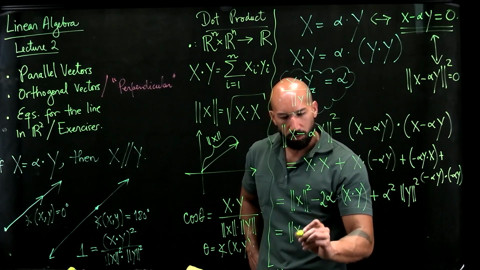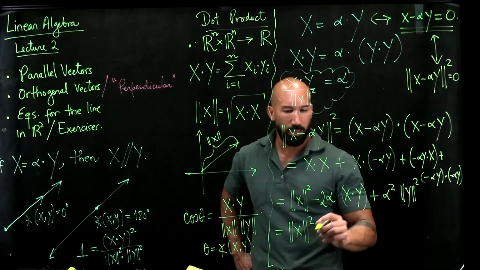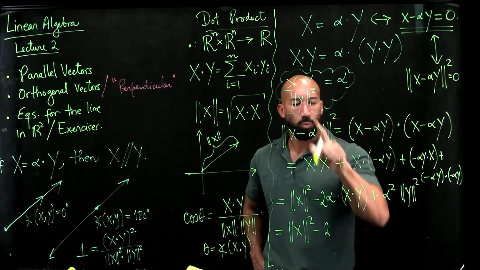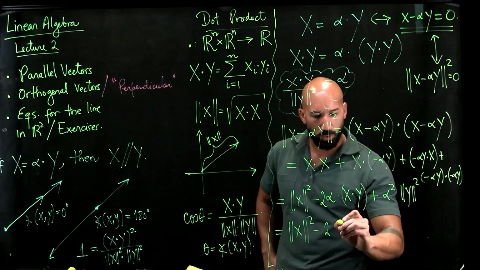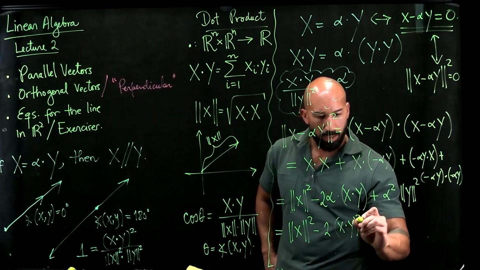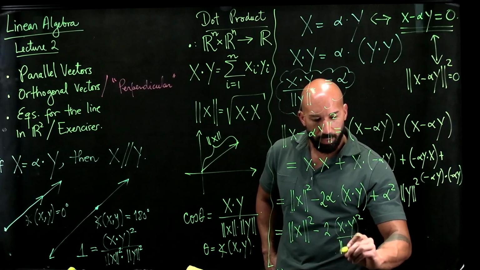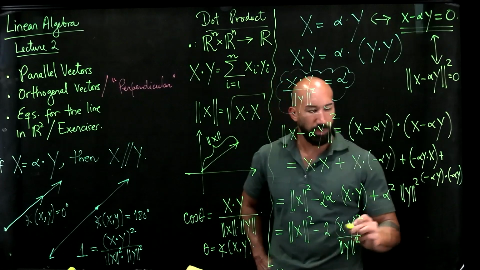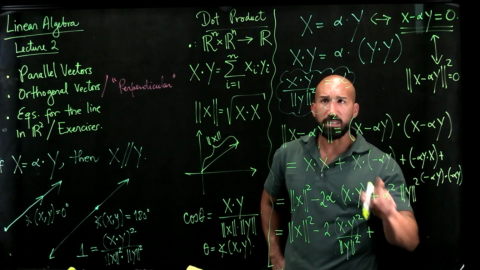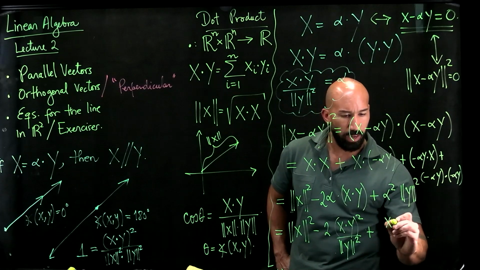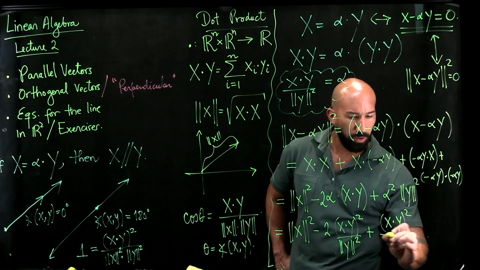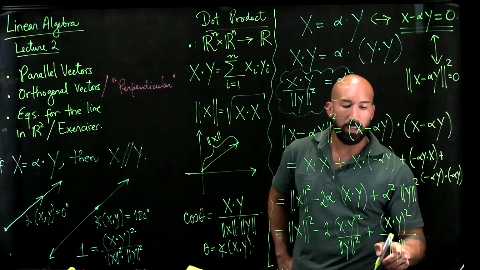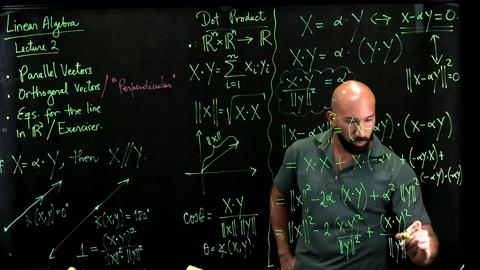This is gonna be the square of the magnitude of x, minus 2 times alpha, which is x dot product y, but I have another x dot product y here, so x dot product y squared divided by the square of the magnitude of y, plus alpha squared, again x dot product y squared divided by the square of the magnitude of y to the second power, so to the power 4.